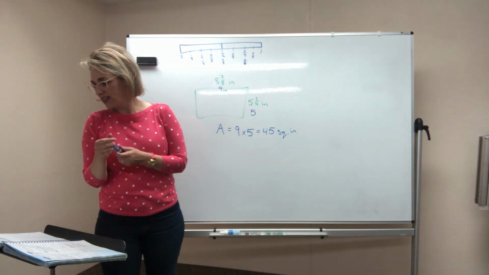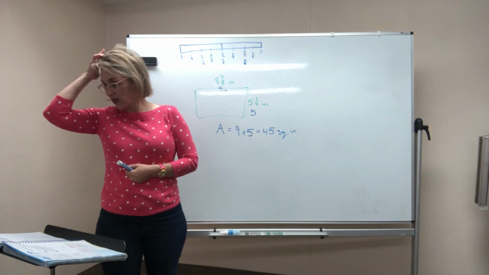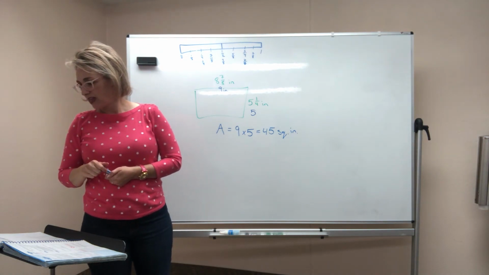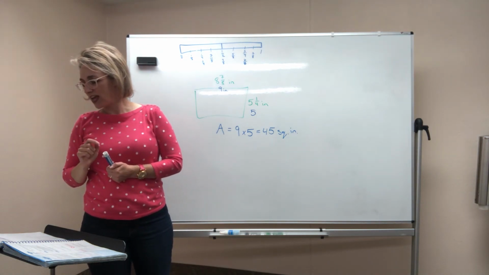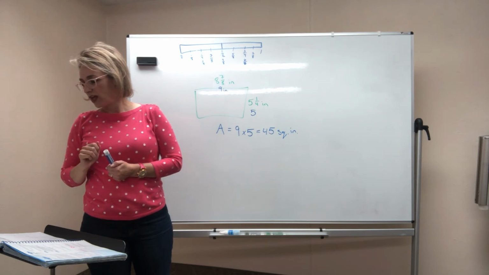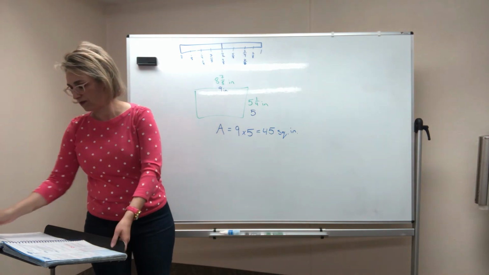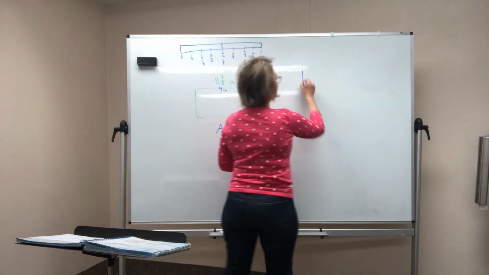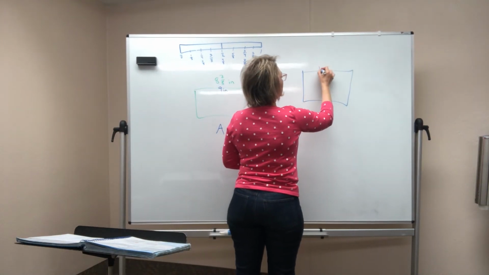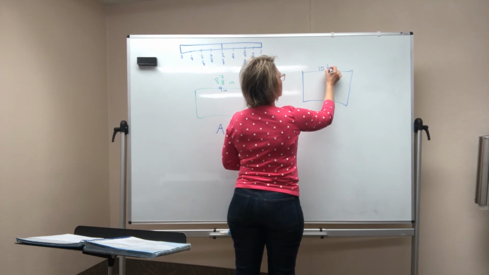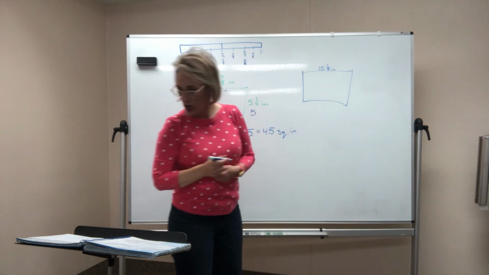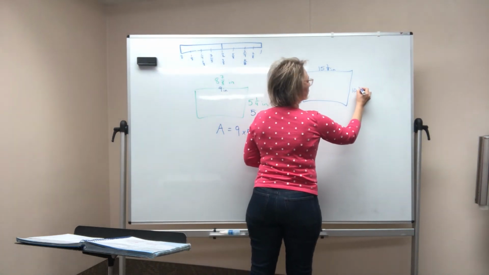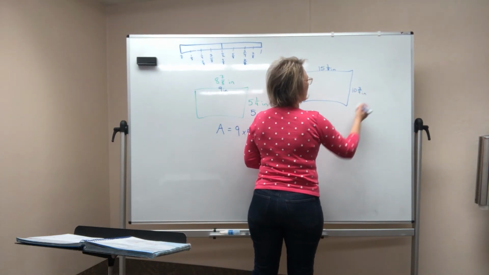Okay? And then on example 3, the perimeter of a rectangular picture frame that's 15 1/8 inches long and 10 3/4 inches wide. Okay? So it's 15 1/8 inches long, and it is 10 3/4 inches wide.